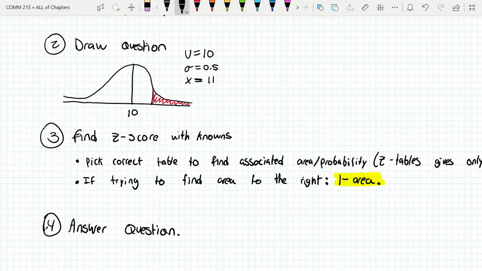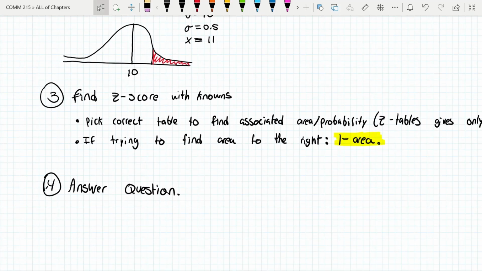I believe there was another type of question that they might ask. Let's say they might ask, what is the number of people that are above? So they're not asking for the area, they're asking for the amount of people associated with that area. What you would do is the exact same steps. Once you find your area, they want to find the number associated with that area.